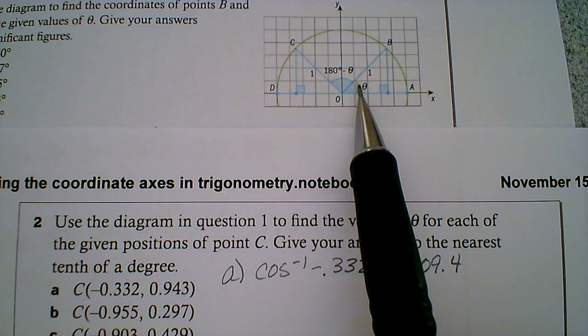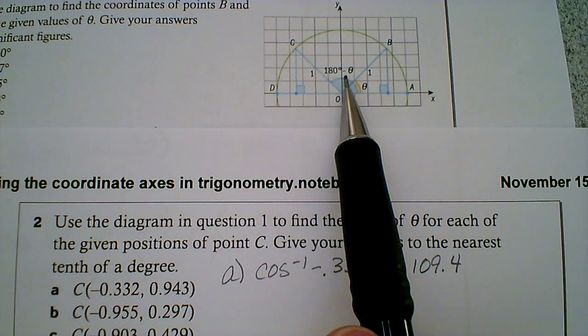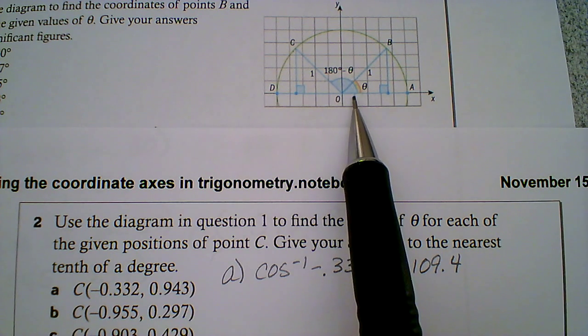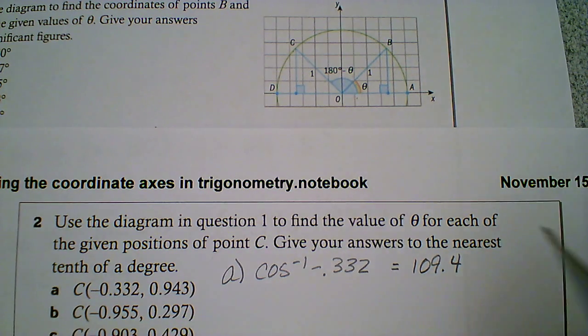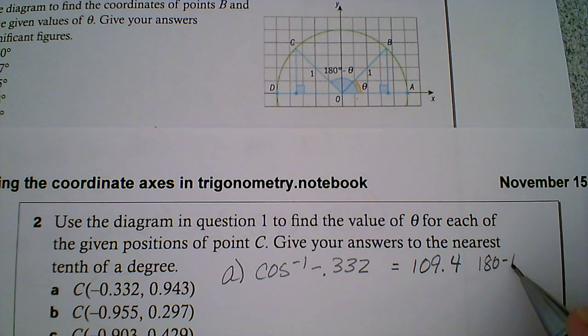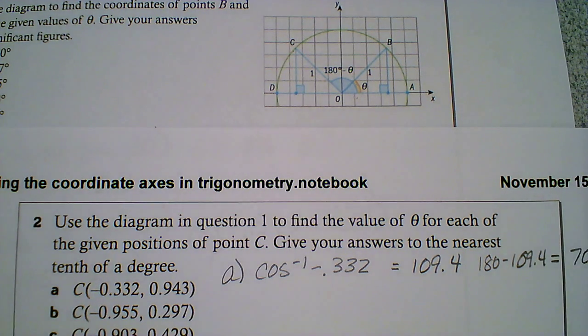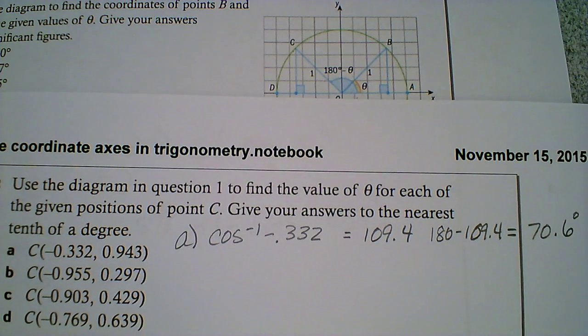And since that's an obtuse angle, I have obviously found 180 minus theta, which means in order to find theta, I have to take 180 minus 109.4, which gives me 70.6 degrees. So that's my theta.